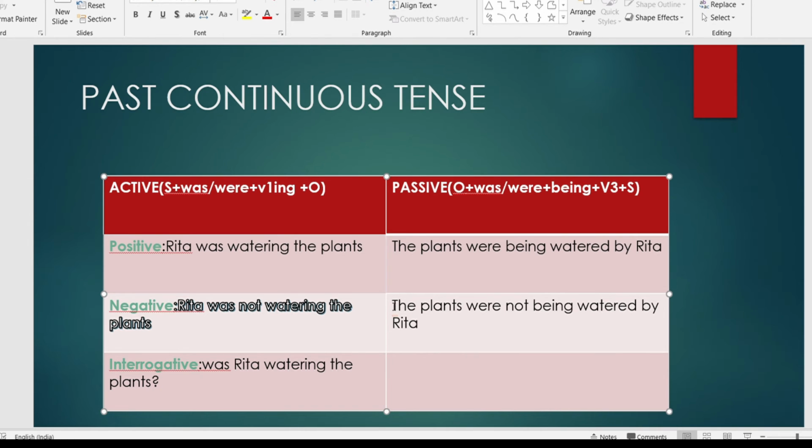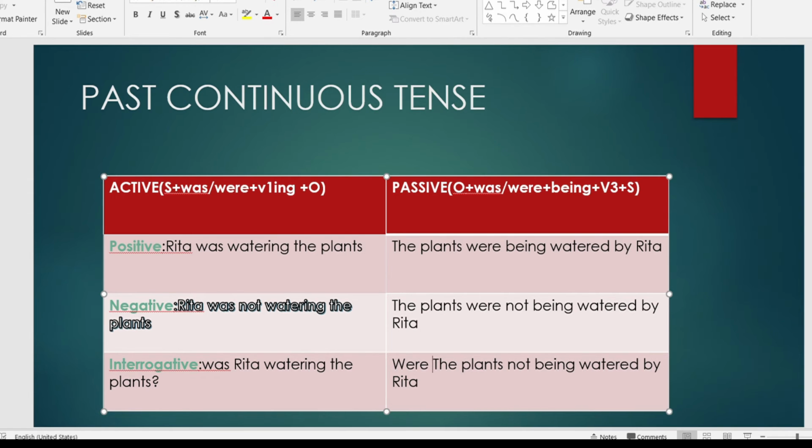So when you convert this into passive interrogative, if I just copy this and paste it here, you will see that this were is the helping verb here. So if we just pick this verb, cut it, where is it going to be used? Here, in the very first place.